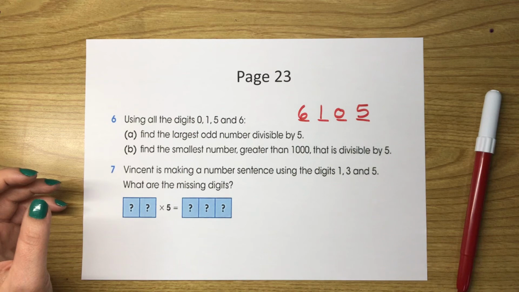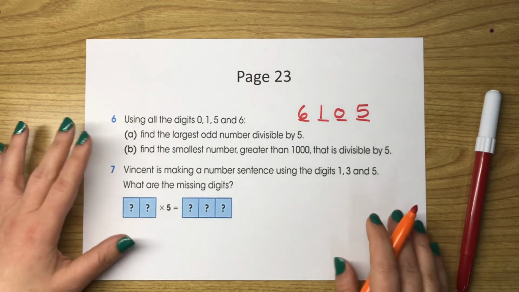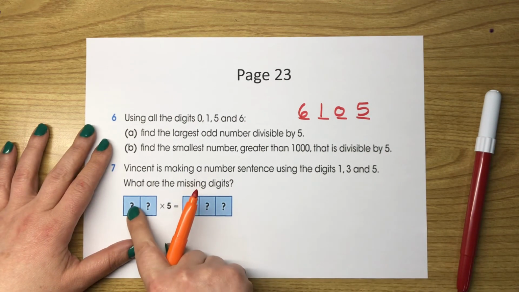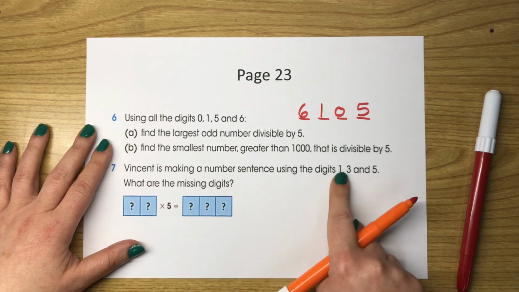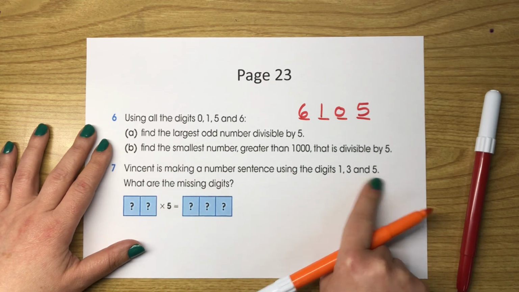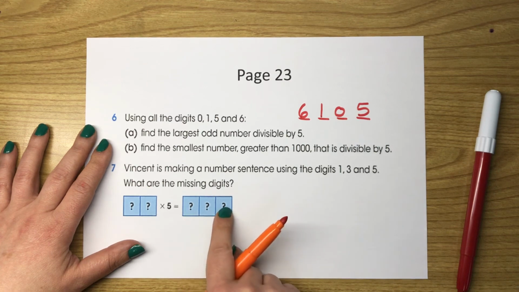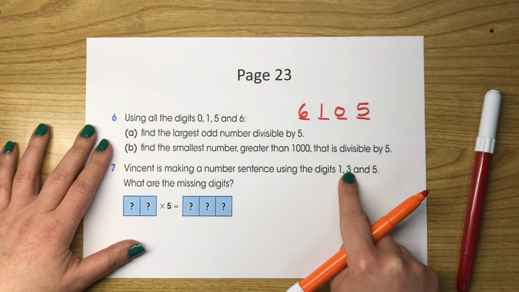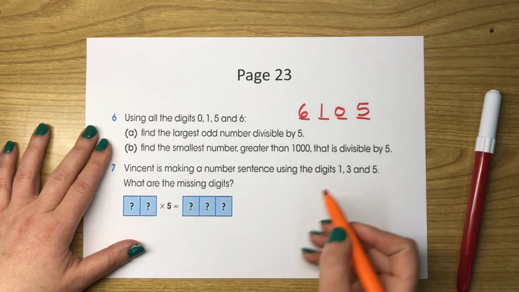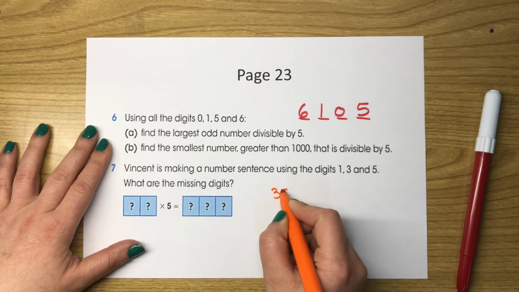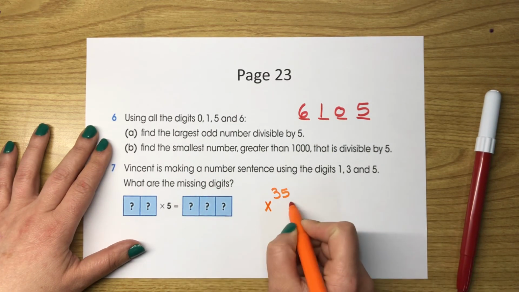Okay, I'm going to do some examples. A 2-digit number times 5. I have to use 1, 3, and 5 to fill into these digits, and all of these digits must be 1 or 3 or 5. Okay, going to try 35 times 5.